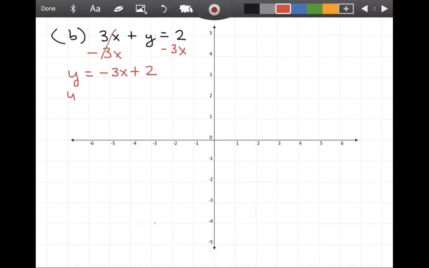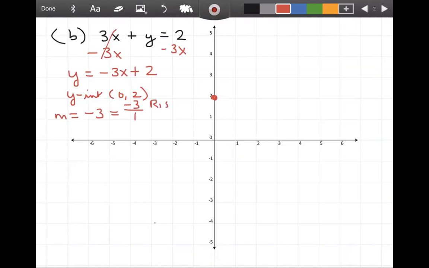So the y-intercept is (0, 2). And the slope is -3. Because that's an integer, I should think of it as -3 over 1.